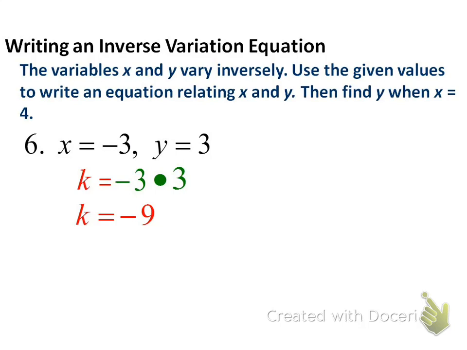So we're going to use that given value to write an equation that relates the x and the y. So this is your first answer: y equals -9 over x. That's the equation that relates the x and the y for this particular k value. Any questions so far? I'll give you all a second to catch up.